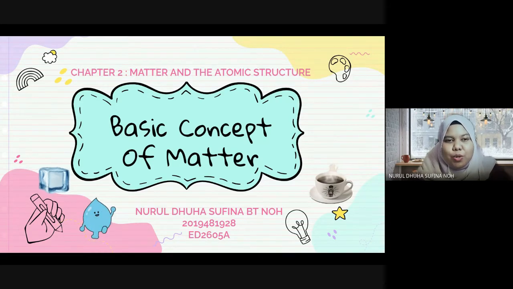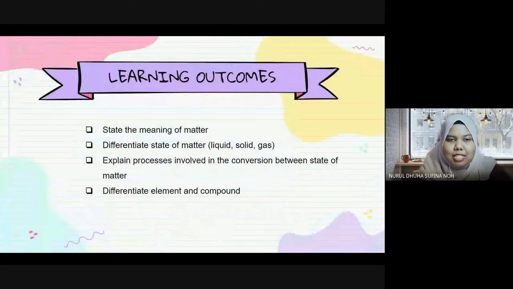Okay, this is our learning outcome. At the end of the lesson, students should be able to state the meaning of matter, differentiate the states of matter, which are liquid, solid, and gas, explain processes involved in the conversion between states of matter, and differentiate element and compound.